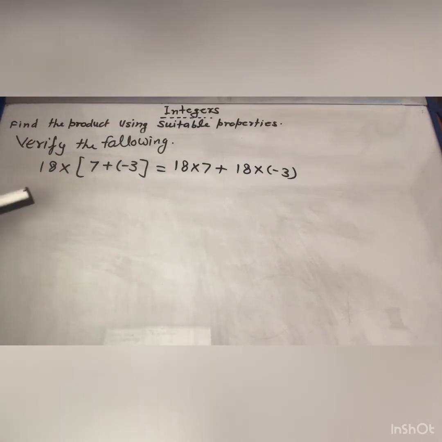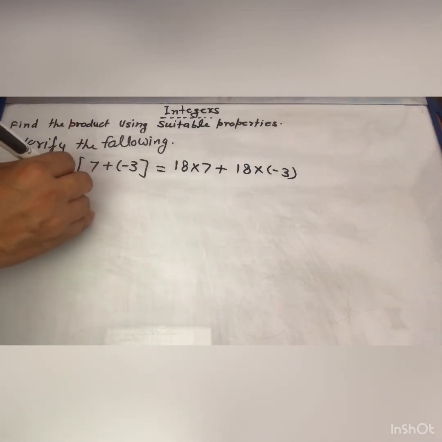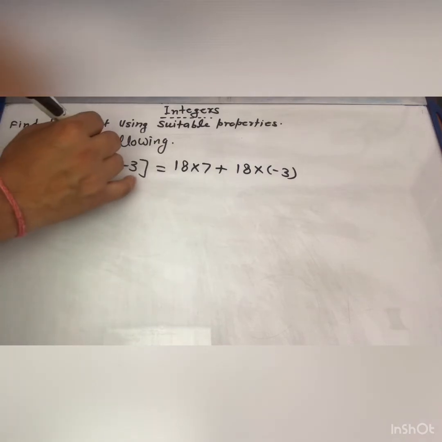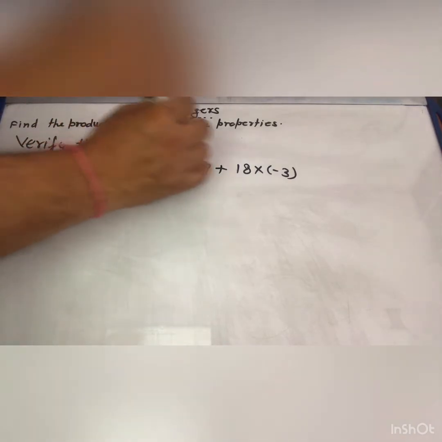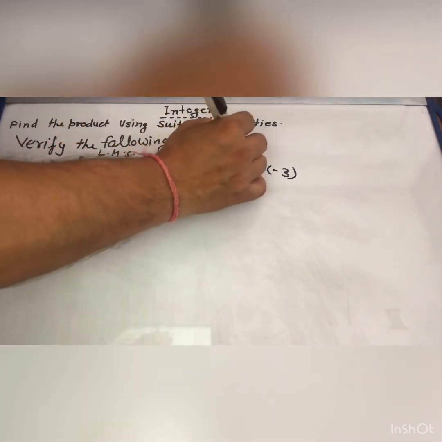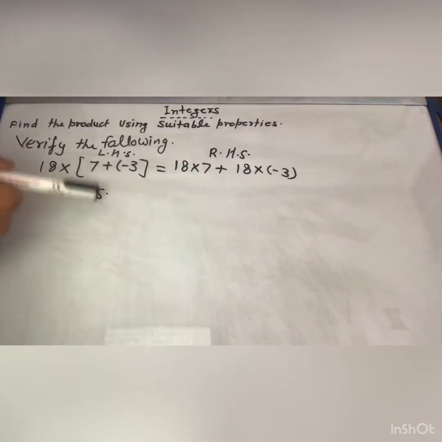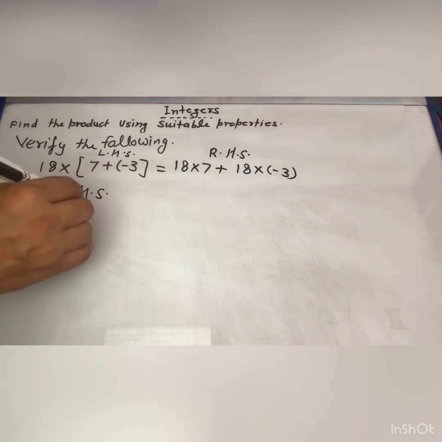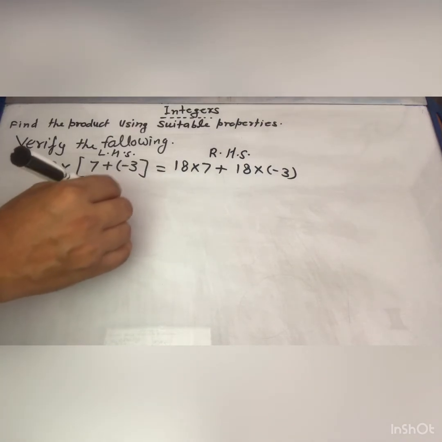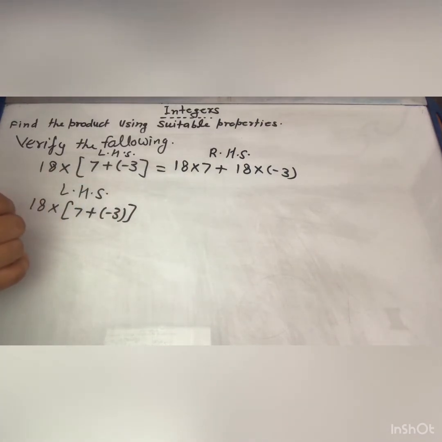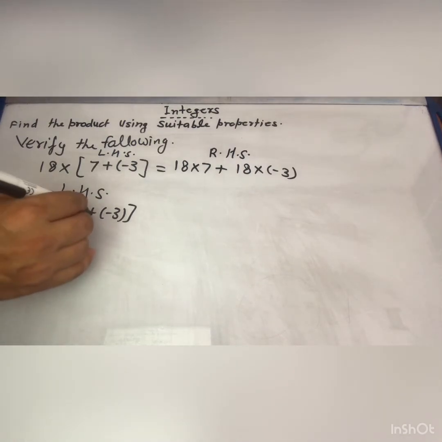So the question says verify that both sides are equal or not. So dear, we will write left hand side and right hand side. Left hand side, this is the first part, and right hand side, this is the second part. Left hand side is 18 into 7 plus minus 3, that is 18 into 7 plus and minus.